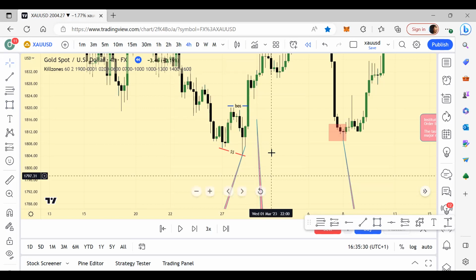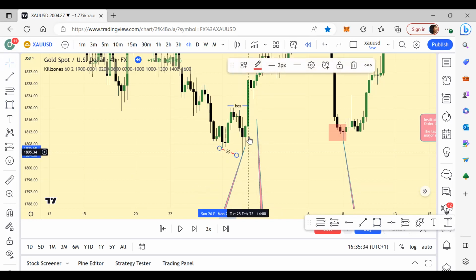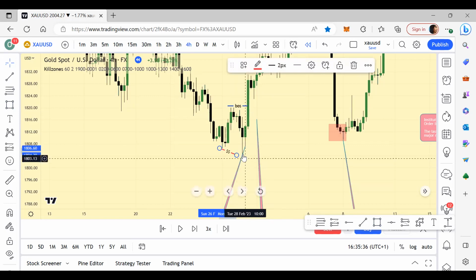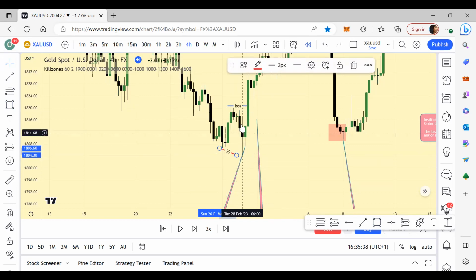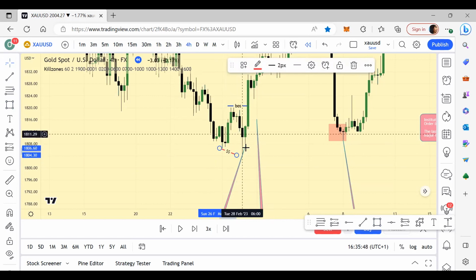Sam will touch on that. Sam, you might be better at explaining this because I can see it, it's just difficult to explain. When I say sweep liquidity, basically this order block came here and took it out.